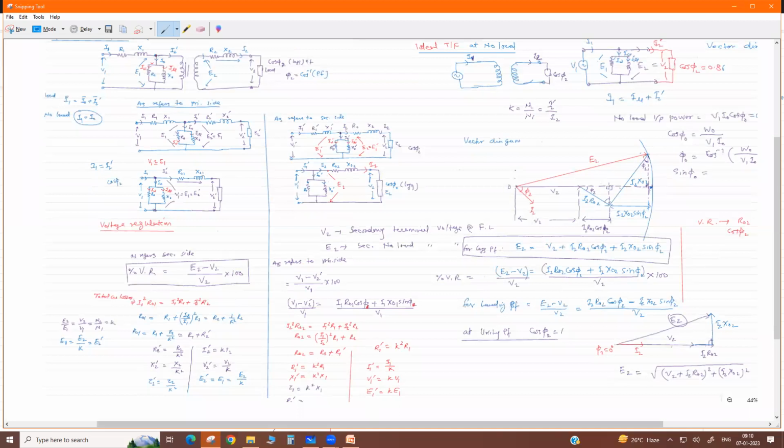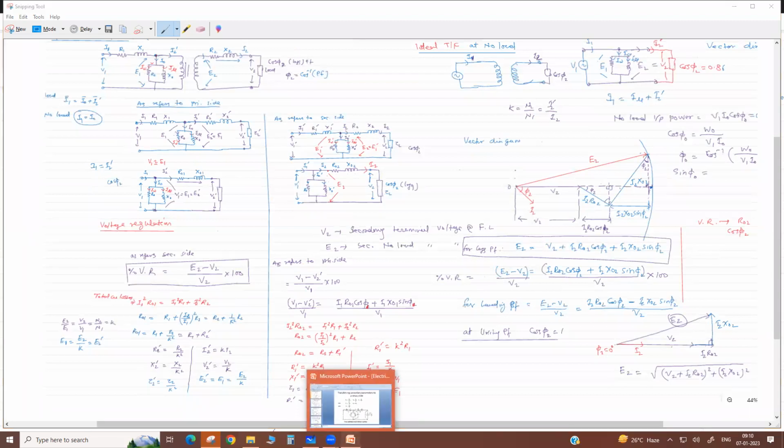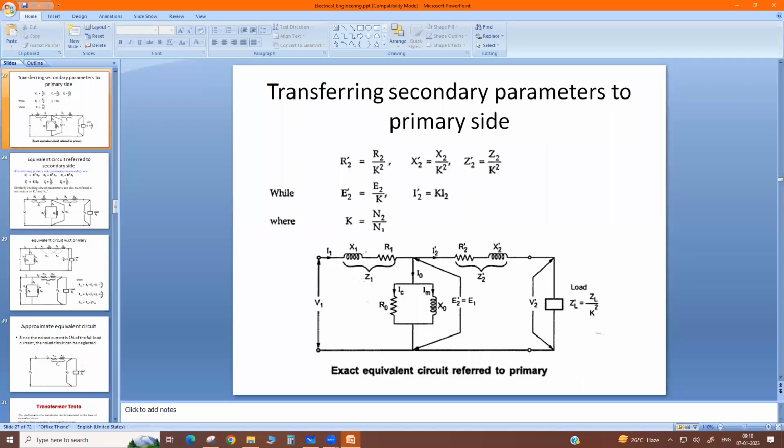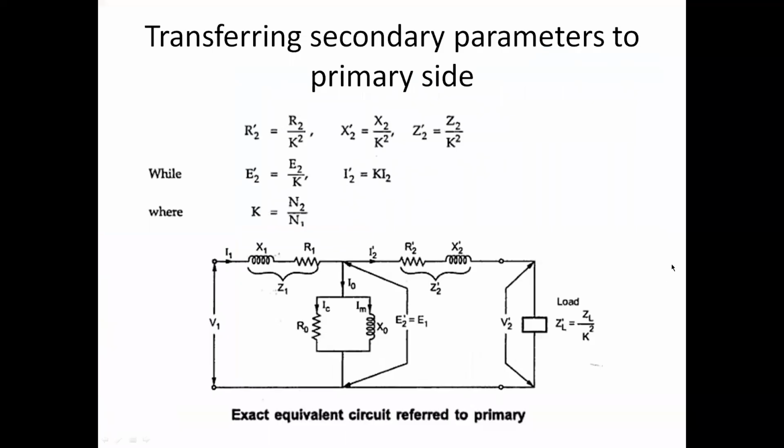This is the important part of the transformer. How to transfer the parameters? K is the turn ratio. These are the secondary side parameters. Resistance, reactance, impedance are divided by K square.